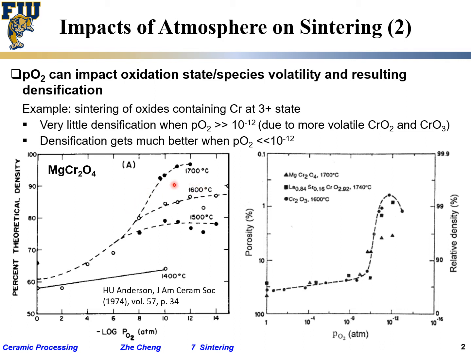But if you don't do this, if your atmosphere has a lot of, well, I wouldn't say a lot, but has enough oxygen, what you have is just low relative density. It doesn't really sinter. What people explained is evaporation of chromium oxygen species, volatile chromium oxygen species.